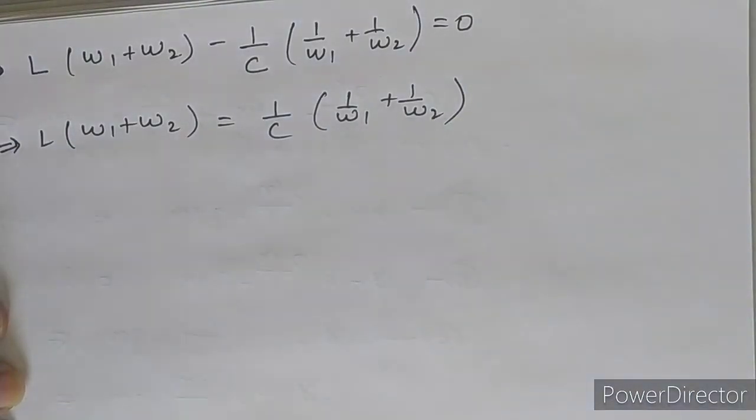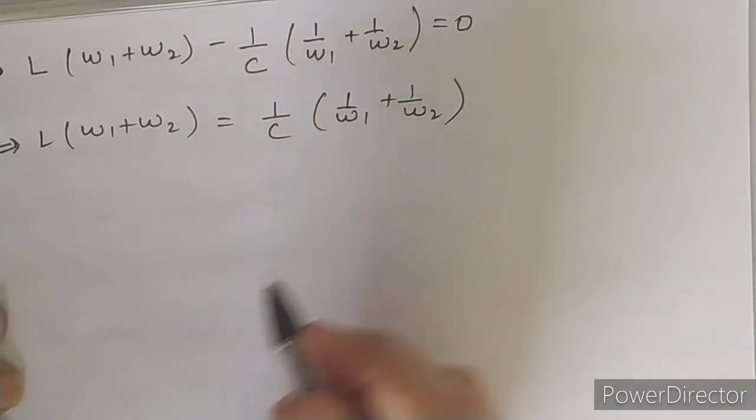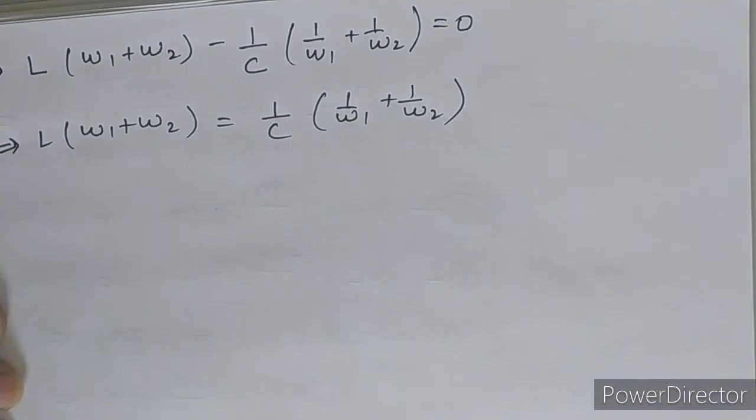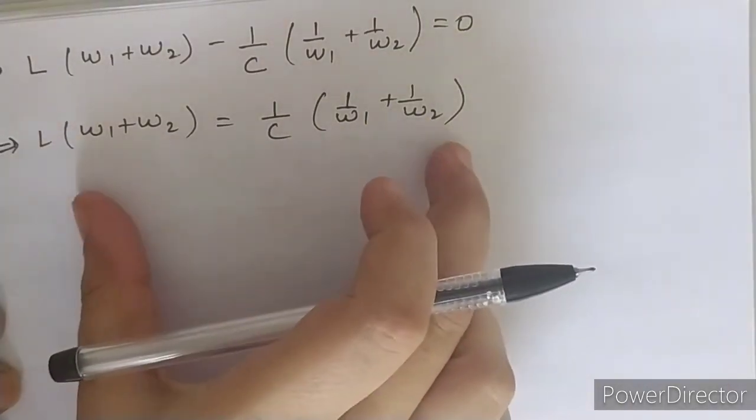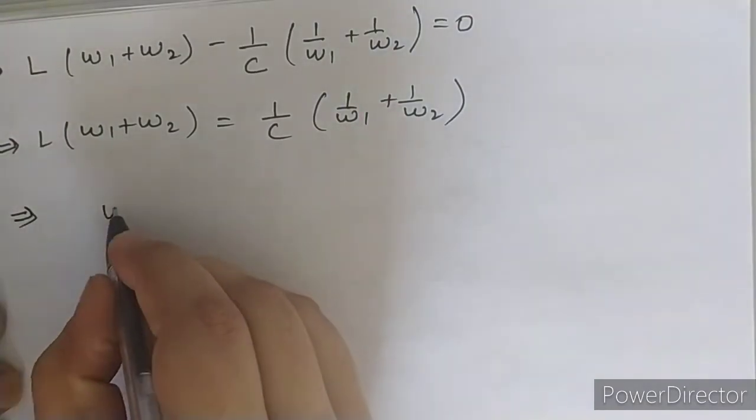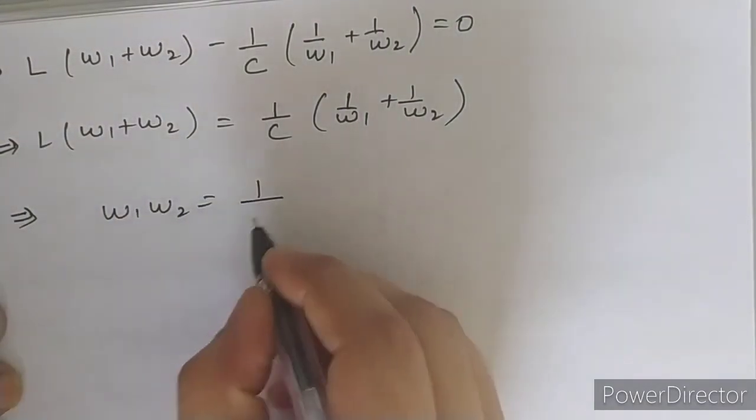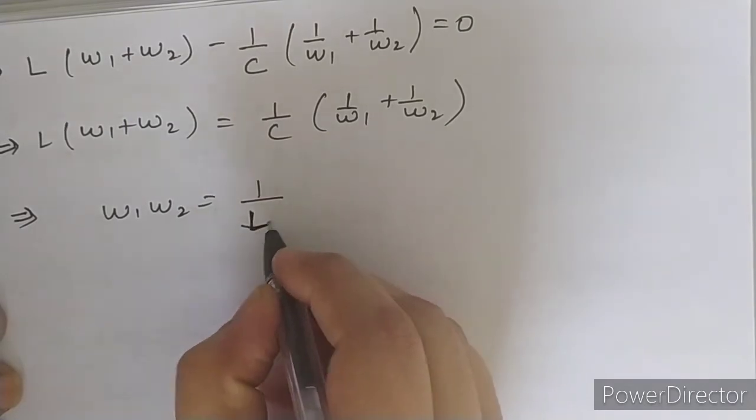Now, do you have any idea about the resonant frequency? Okay, I am giving you one homework. After solving this entire equation, you have to prove that omega 1 omega 2 is equal to 1 upon LC.